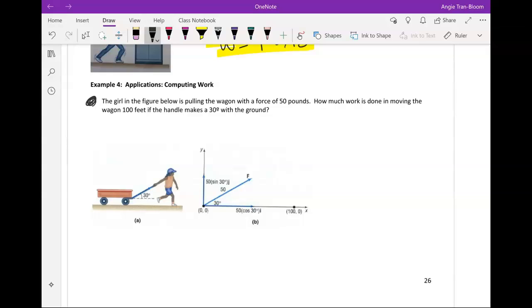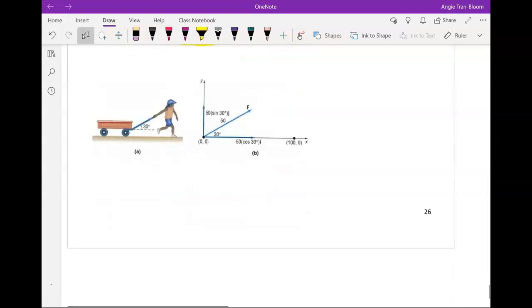The girl in the figure below is pulling a wagon with the force of 50 pounds. This is the force of 50 pounds. How much work is done in moving the wagon 100 feet if the handle makes 30 degrees with the ground? So the handle makes 30 degrees with the ground, and she's moving 100 feet. If you look at the drawing, we need to find two things.